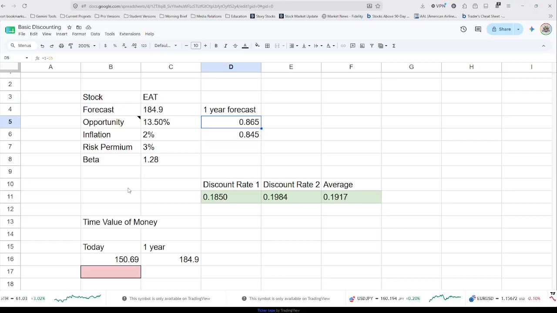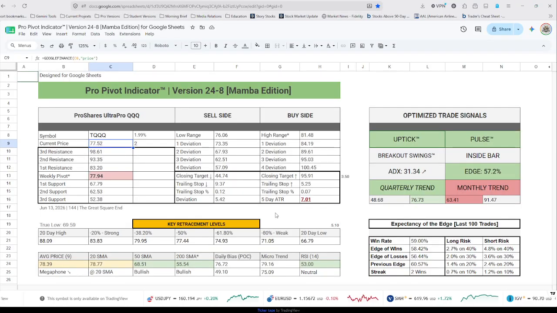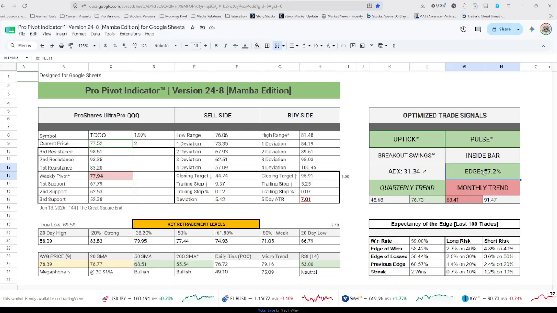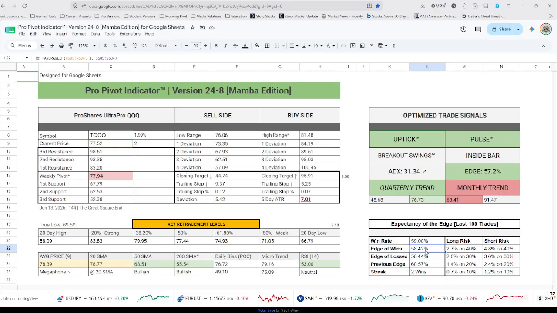For the rest of you guys, I'll see some of y'all later on Saturday, some of you on Sunday, and for the rest of you, I will see y'all on Monday morning, where we're gonna see how this market plays out from here, because for the first time in a while, that statistical edge on the TQQQ is actually below the average edge of the wins. So we're gonna see how that plays out.